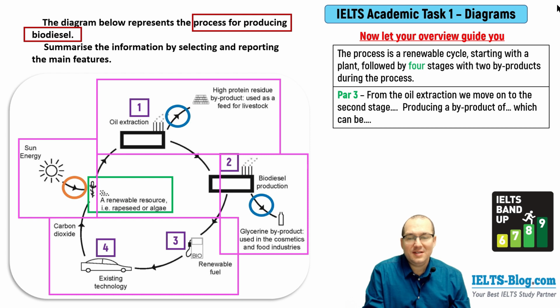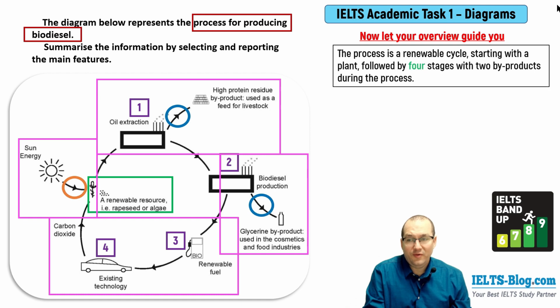So this is often what you're going to be doing through diagrams. The next stage, what are you doing at that stage, and what's the byproduct or what's added at that stage. Okay, so that's all I'm going to put here. Again, I love to see your examples down at the bottom in the comments.